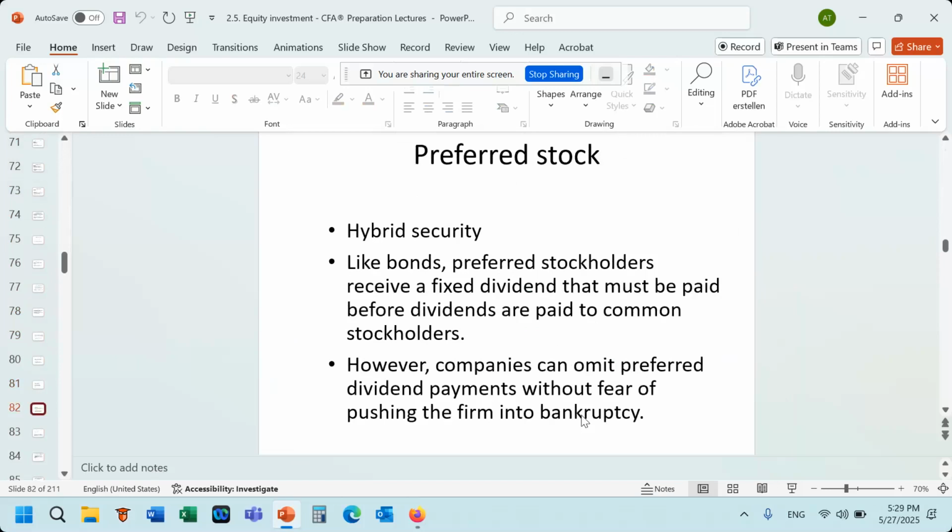Preferred stock. This is a hybrid security. By hybrid, we mean it's neither debt nor equity. It's somewhere in between. Preferred stocks look like equity in the sense that if they don't pay dividends, they are not in default and we can't drag them to bankruptcy court.